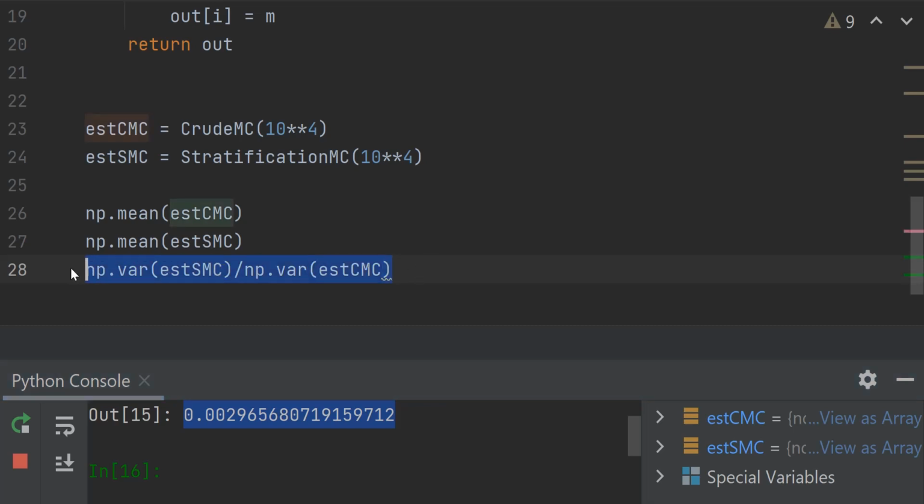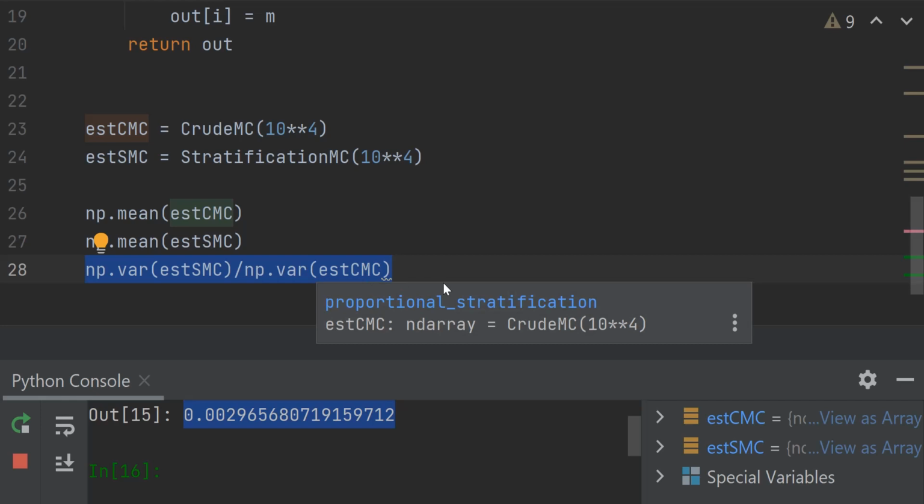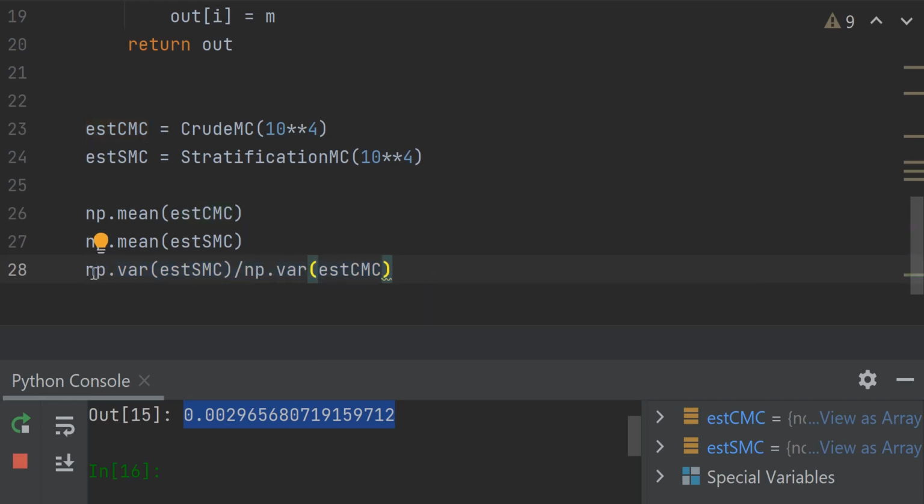What is important is that if I try to look at the variance of the stratified Monte Carlo divided by the variance of the crude Monte Carlo, then I should see that this is considerably lower than 1, because this variance should be a lot smaller than this variance. So if I try, and np.var simply calculates the sample variance. So if I consider this, well, I can see it's 0.356.